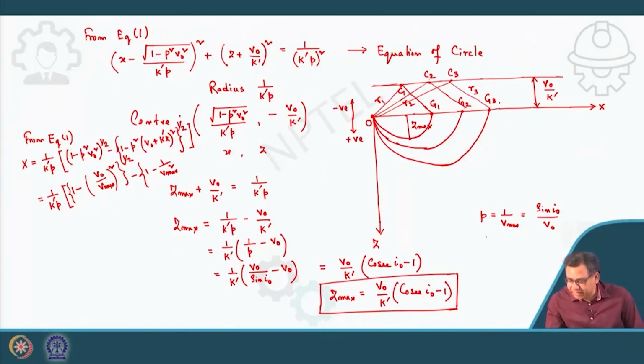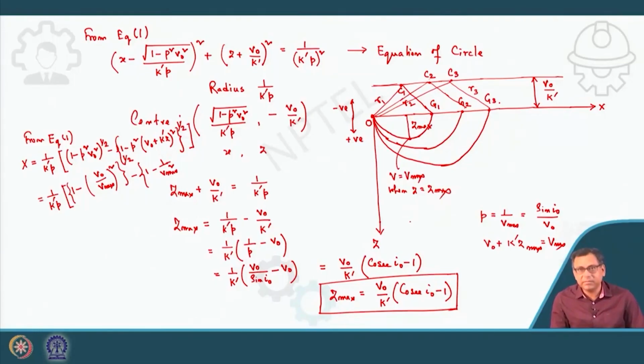So when it achieves the maximum depth Z max, I can write V0 plus K dash Z max, which is nothing but V max. I can write that because here Z means, for a particular ray, the Z max for that particular ray, and at that location what is my velocity? My velocity is V max when Z is Z max, right?